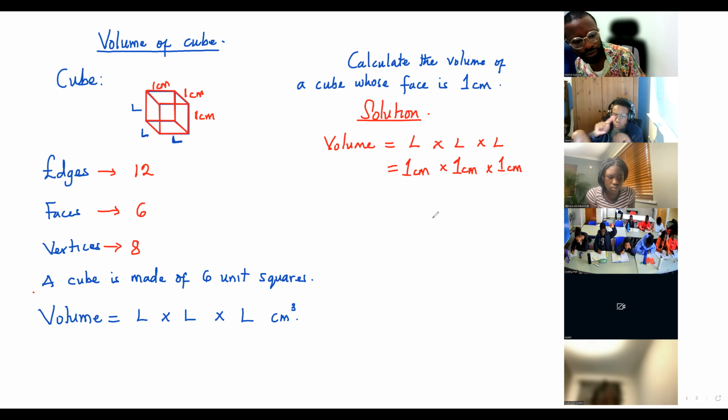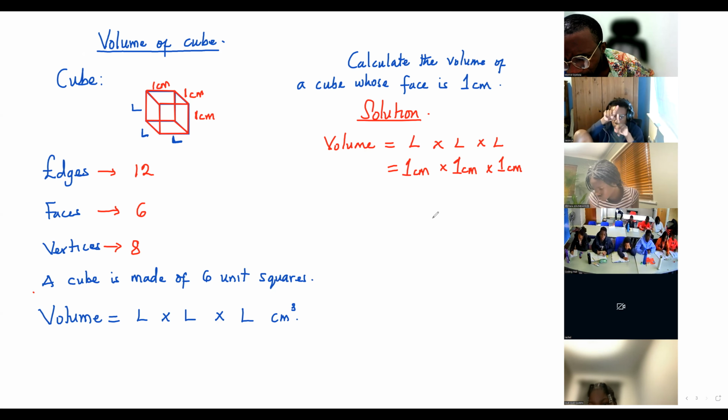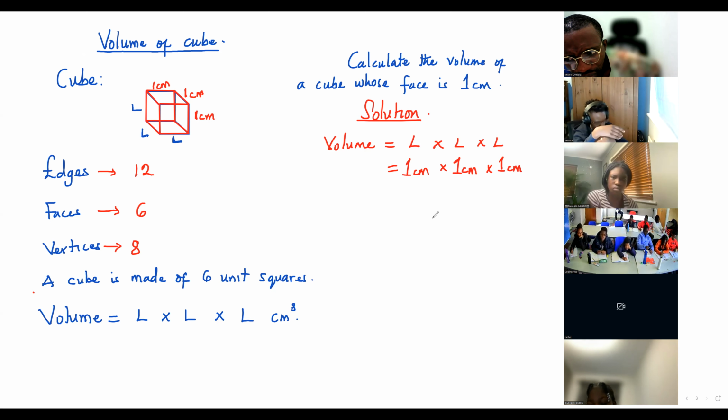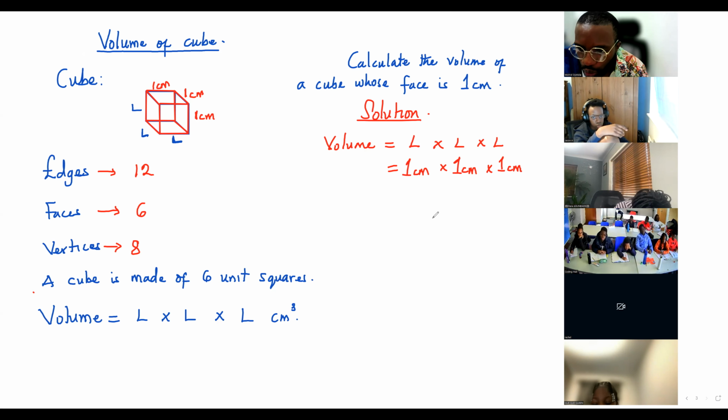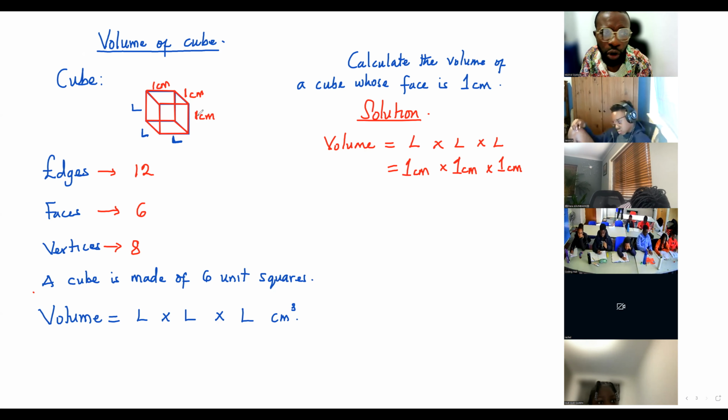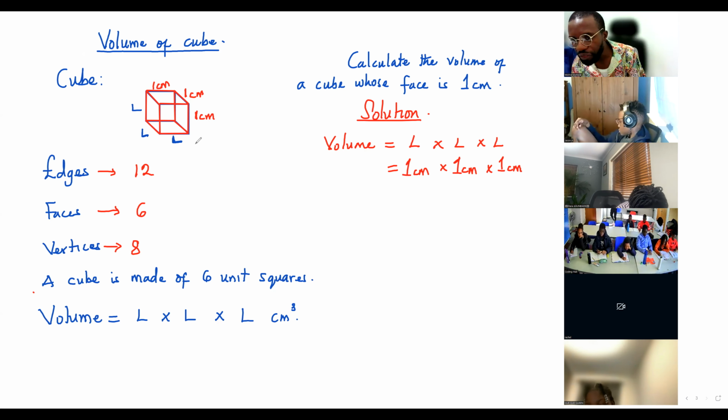Yes, Rhoda, please. What about the fourth face? Since there are 4 faces on a cube... I'm saying what about the other faces when you've only labeled 3 faces? All the sides are equal. All the faces are the same for a cube. Anything you're writing on one part is the same for the other part.